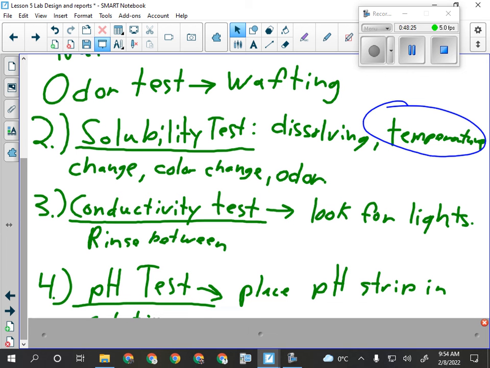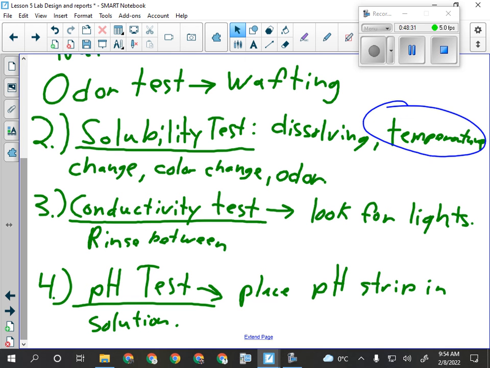You just put the strip in there, and then you compare the color to the chart. So those are the 4 tests we're going to run.